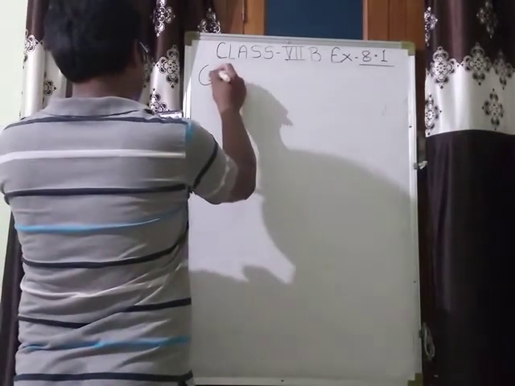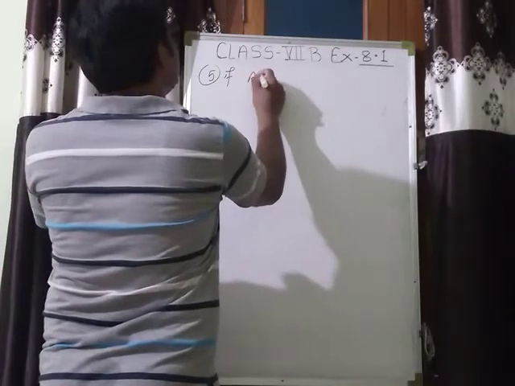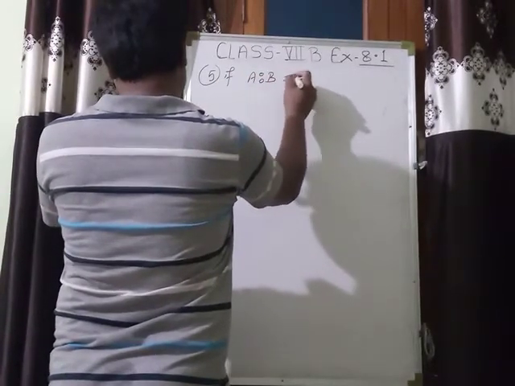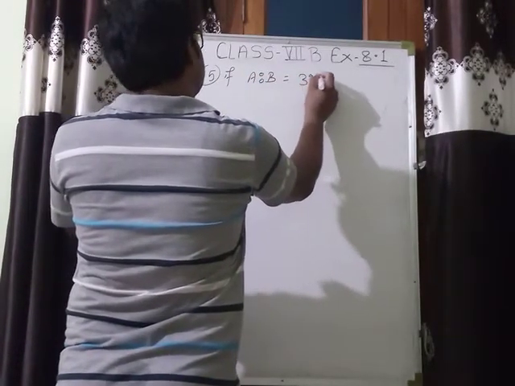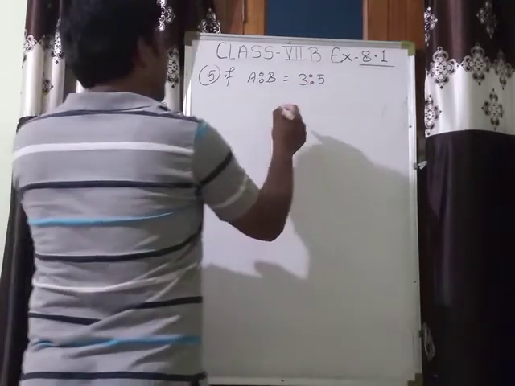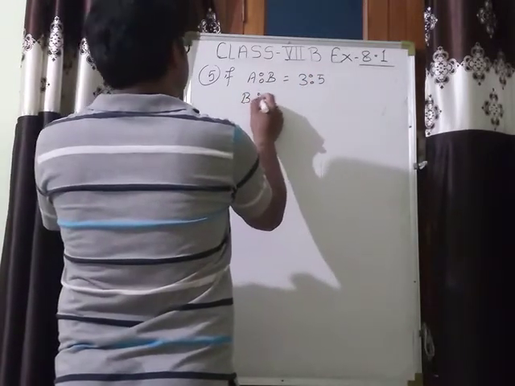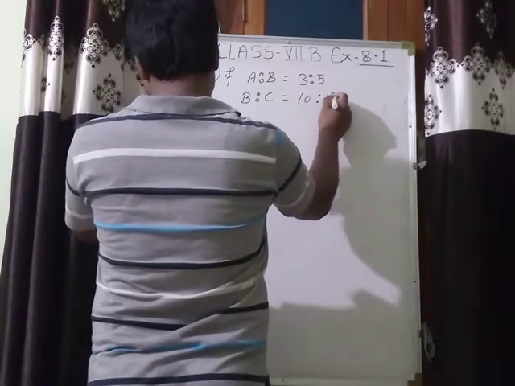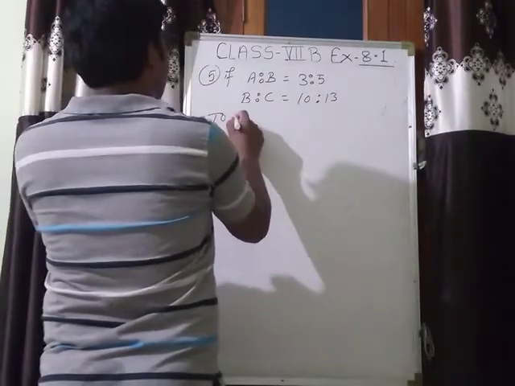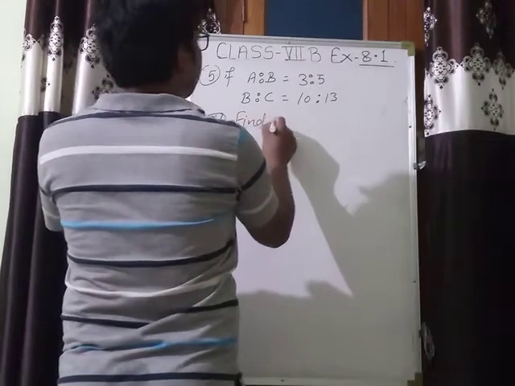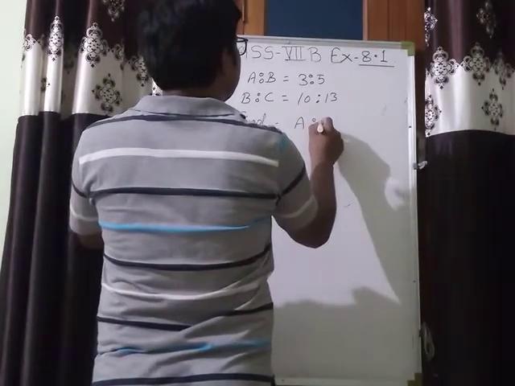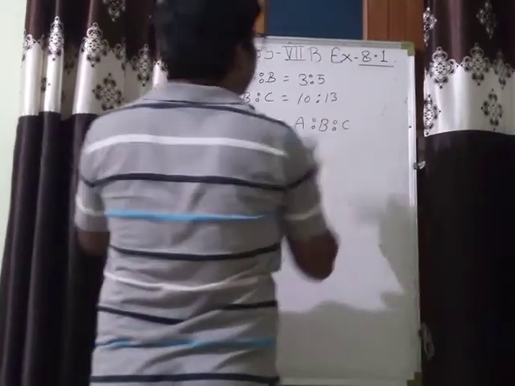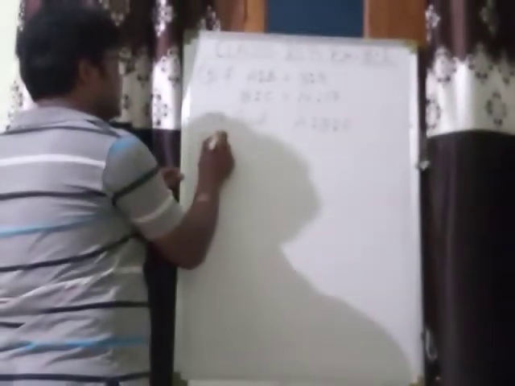Question number 5. If A is to B is 3 is to 5 and B is to C is 10 is to 13, find A is to B is to C. See, that is a very important question, and see its solution.